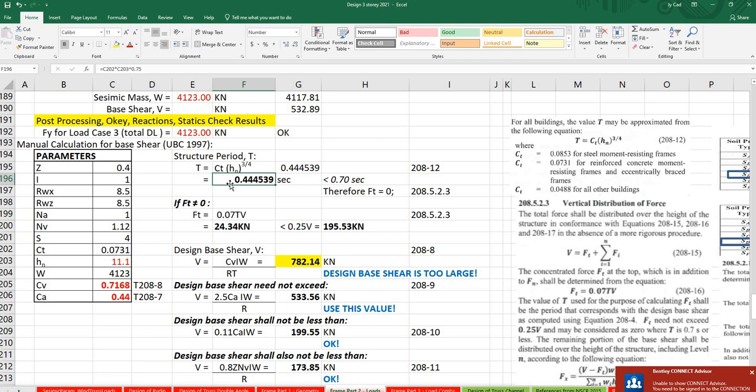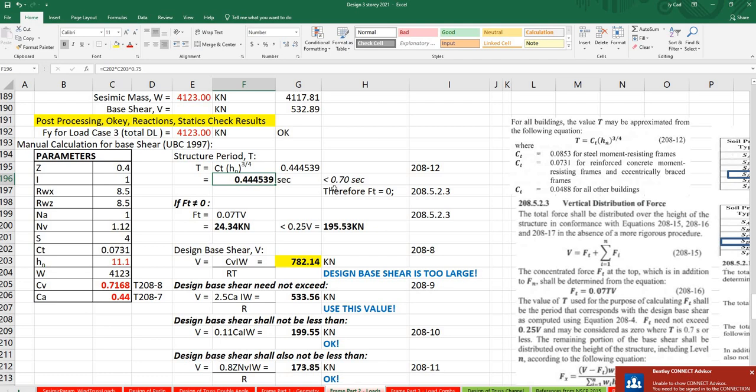So, we have here 0.444539 seconds, which is lesser than 0.70 second. Take note na ang allowable sa code ay hanggang 0.7 lang, less than 0.7. Okay?